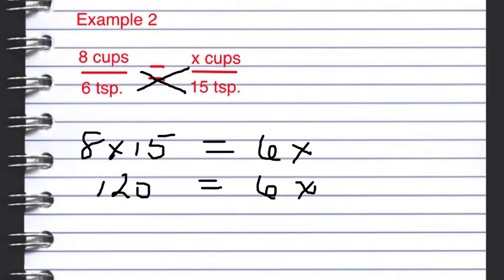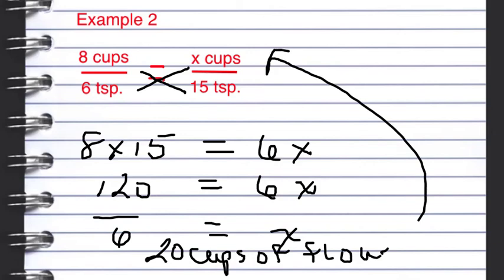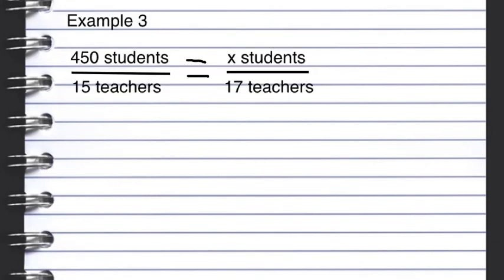So since I have a 6 in front of the x, I need to divide 120 by 6, and we get x is equal to 20 cups of flour. And how did I know to use cups for my label? Because that's what I have labeled up in my proportion.